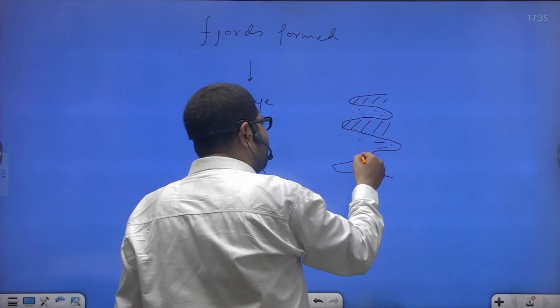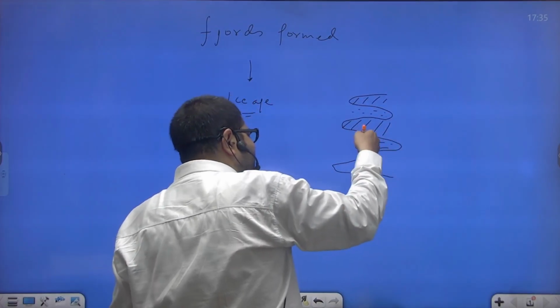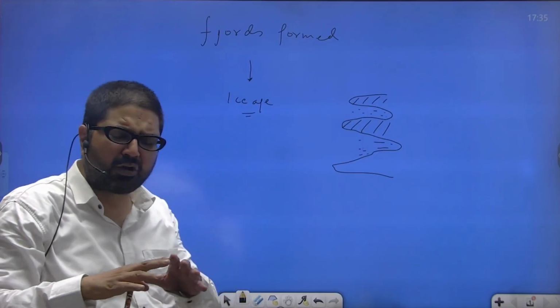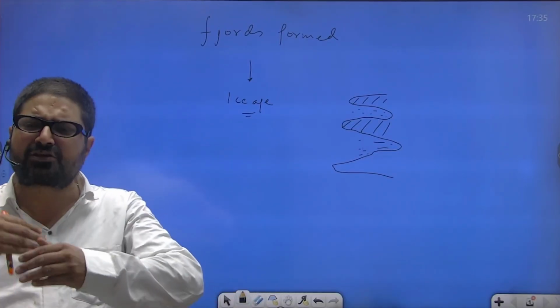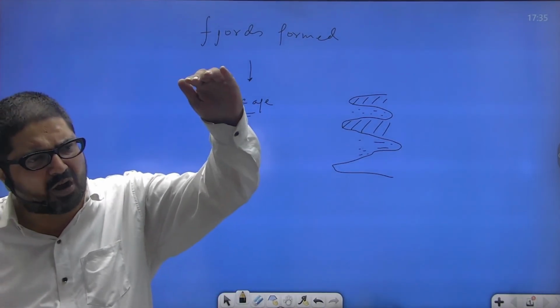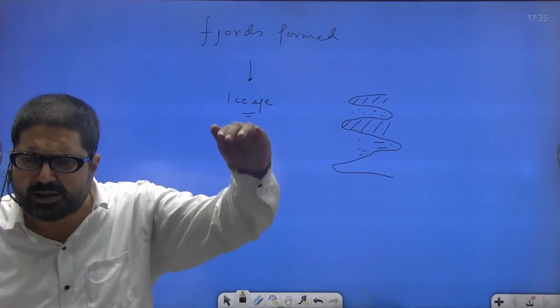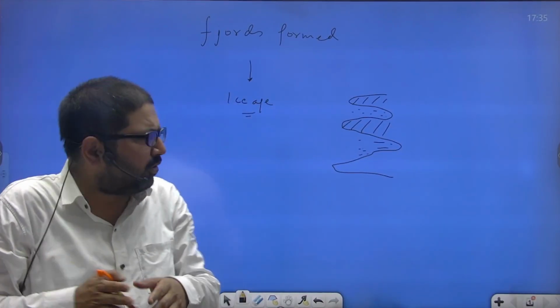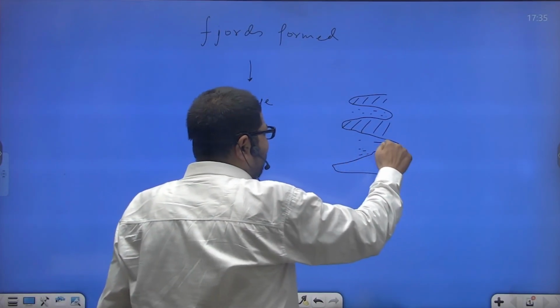When the glaciers descended, it was not only one glacier, multiple cycles of glaciation continued, and as the glaciers descended, they carved out long, narrow, deep valleys with steep side walls.